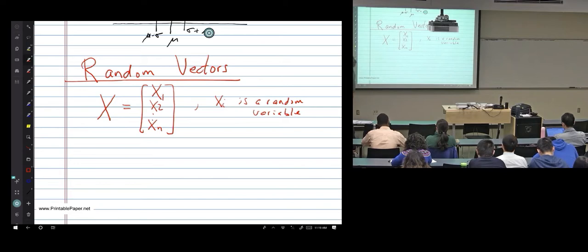Where we are going with this, eventually some of these components will be things we're trying to estimate, and some of these components will be measurements that we're actually making.